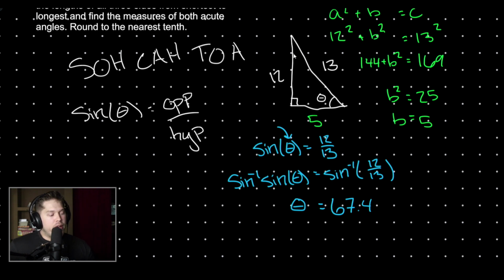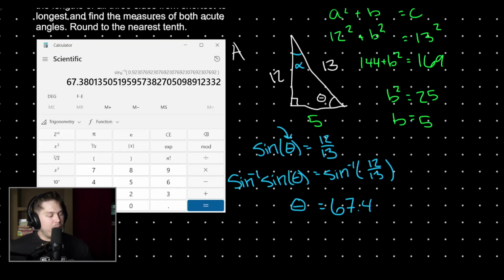And then if we want to find the other angle, let's call it alpha. Alpha is going to be equal to 90 minus theta. So 90 minus 67.4.